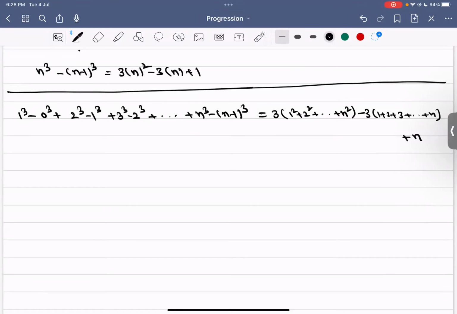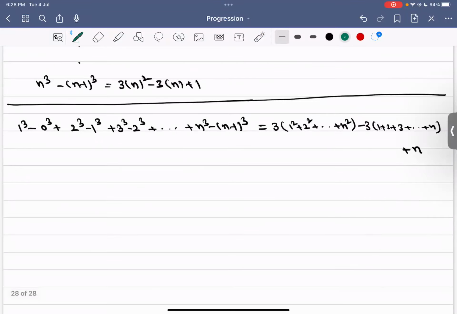Now, if you observe the left hand side, this 0 is anyway 0. Minus 1 cube plus 1 cube cancel. That is, 1 and 1 cancel. Next, this 2 cube cancels with this 2 cube. Like this, every term will be cancelled except this n cube.